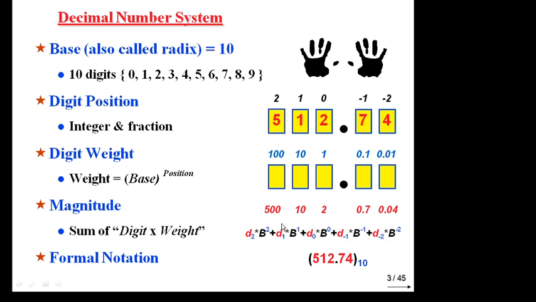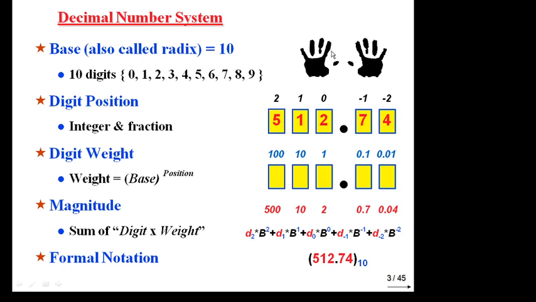Its positional weight is b to the power 2: d2 into b to the power 2, d1 into b to the power 1, d0 into b to the power 0 plus d minus 1 into b to the power minus 1 plus d minus 2 into b to the power minus 2. b is the base, or you can say radix r. You can also write d2 r to the power 2 plus d1 r to the power 1 plus d0 r to the power 0 plus d minus 1 r to the power minus 1, d minus 2 r to the power minus 2.